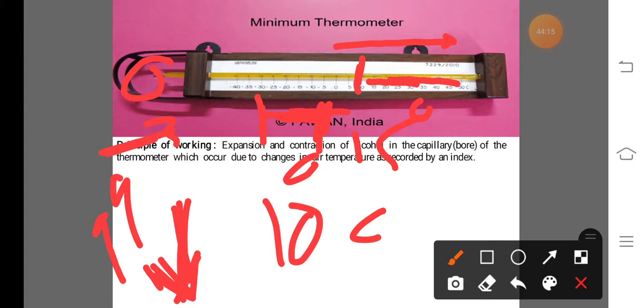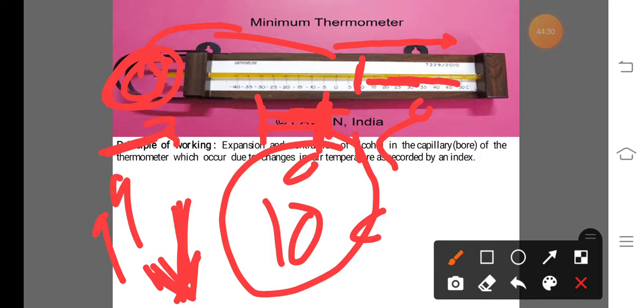During recording, the point of index at 10 degrees Celsius, opposite to the bulb, is considered the minimum temperature of the day in 24 hours from the last setting.